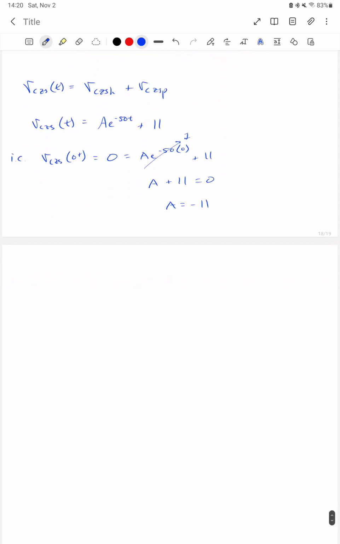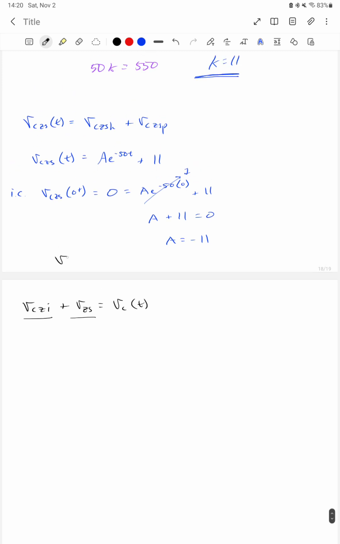Okay, so now we have VC zero input and VC zero state, which is equal to your total VC of t. So you have both of these values at this point. When you combine this back together, VC zero state of t is equal to this right here. We know that our A is negative 11, so negative 11 e to the negative 50t plus 11. Okay? So let's plug these in.